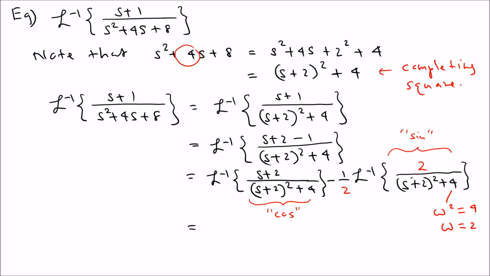So we can forget about the s plus 2 inside. First think of the right form. It's a cosine, and then omega is 2. That means cosine 2t, and then multiply by the shifting version. So you can see that in the first one you're going to get the cosine.